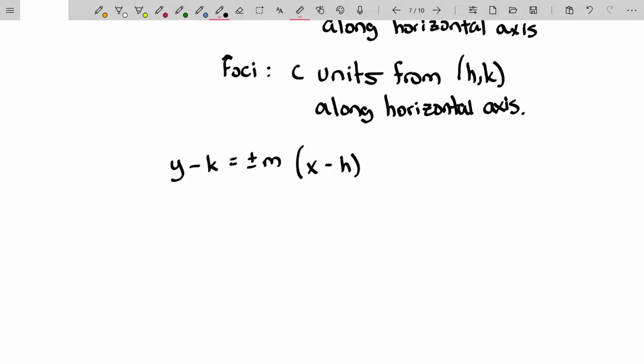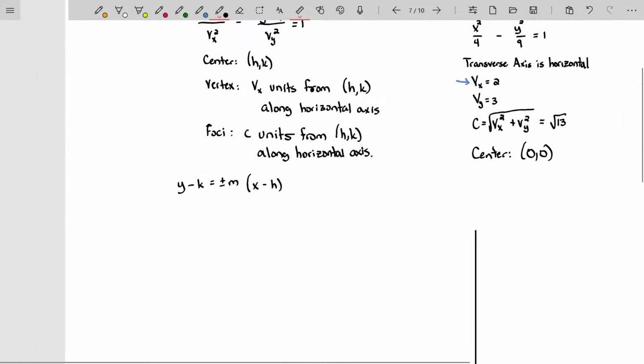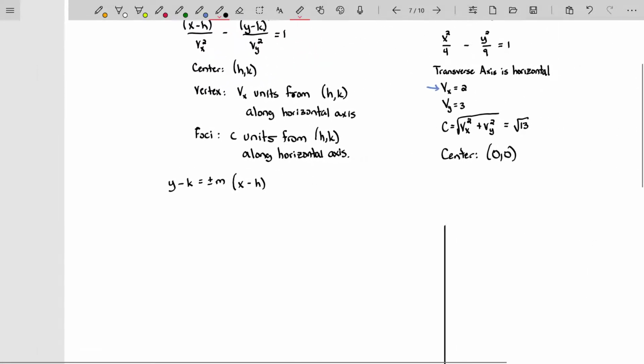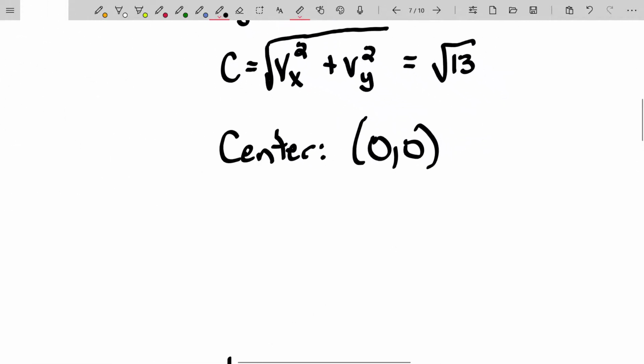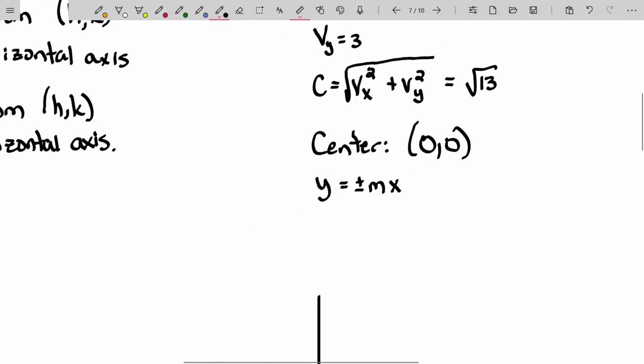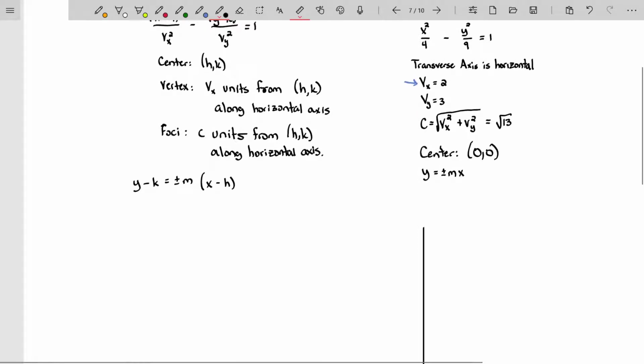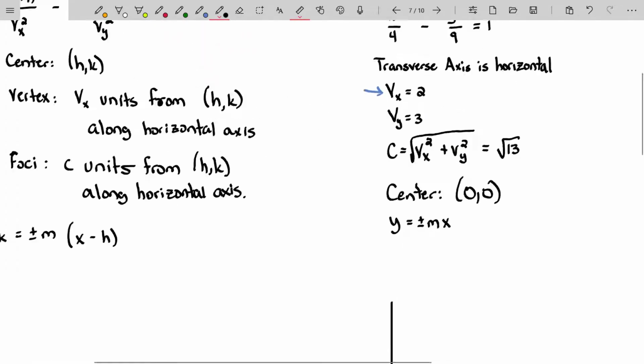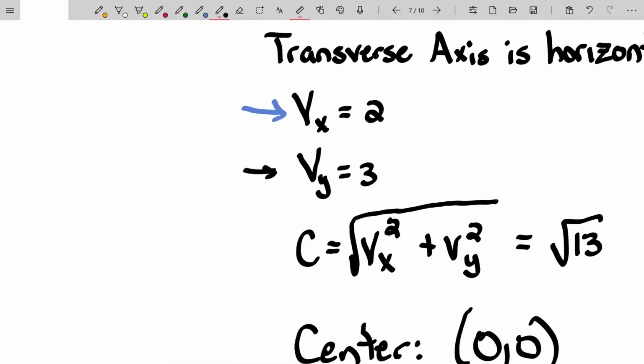Now we happen to know here that our center is at 0, 0. So our asymptotes are at y is equal to some slope plus or minus times x minus 0. What is that slope? It's rise over run. It is the y value rise over the x value run, 3/2.